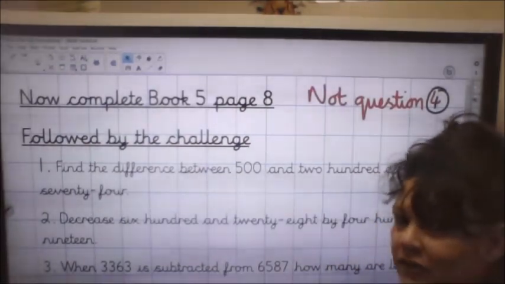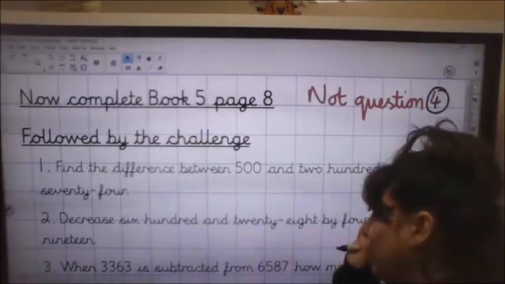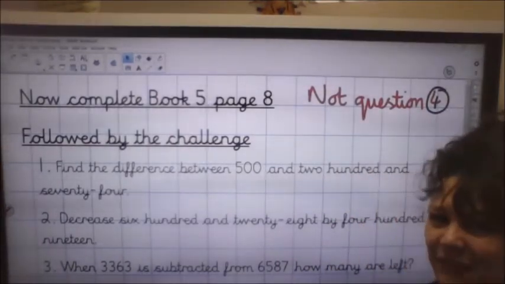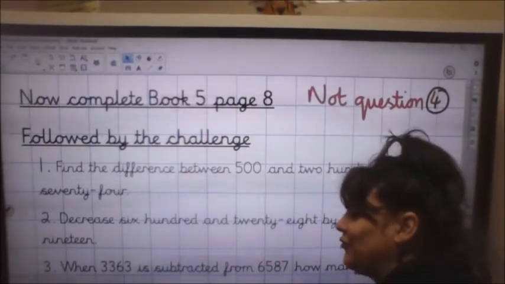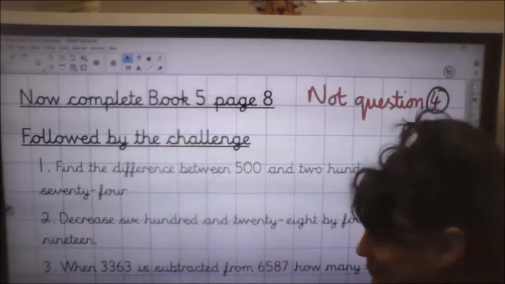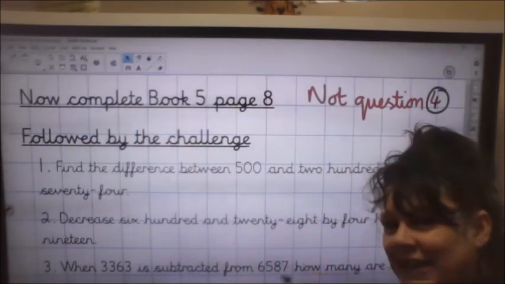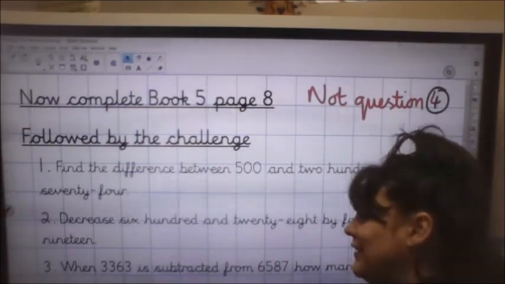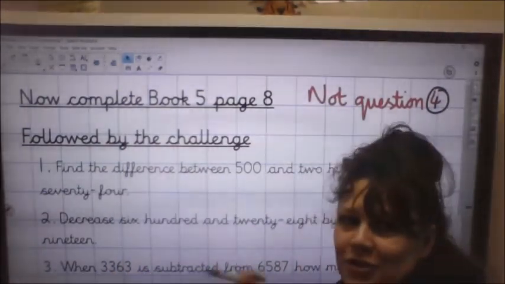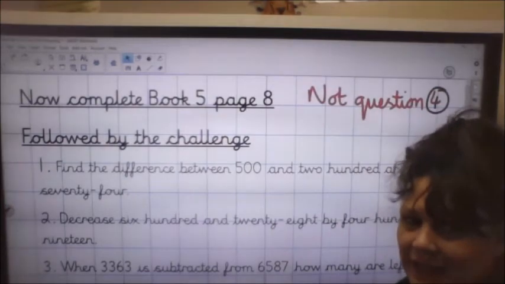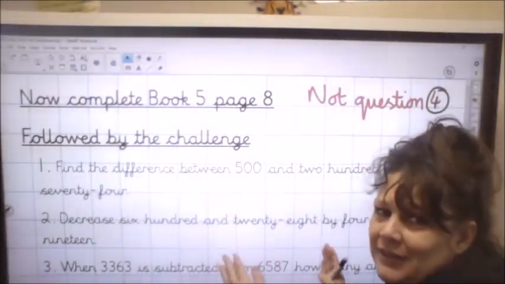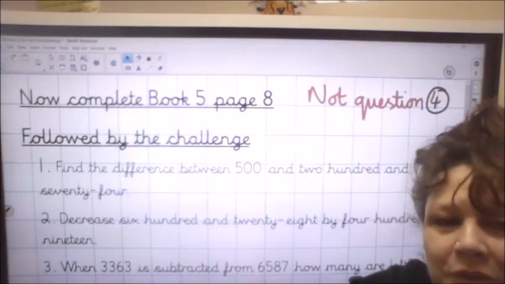So in other words, what is 6,587 take away 3,363? Let's make sure that's in our heads. 6,587 subtract, take away 3,363. Use a number line. I'm really interested to see how you solve those problems.